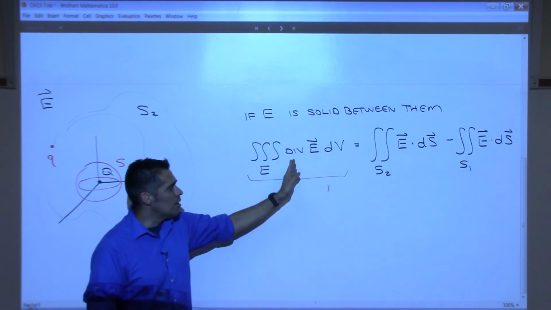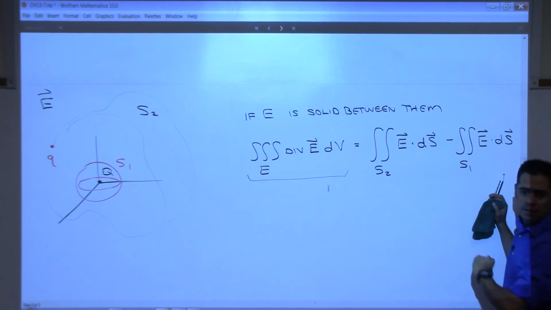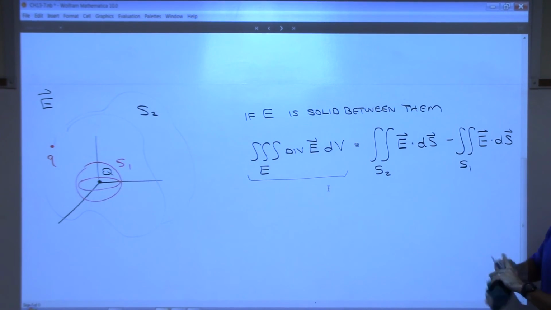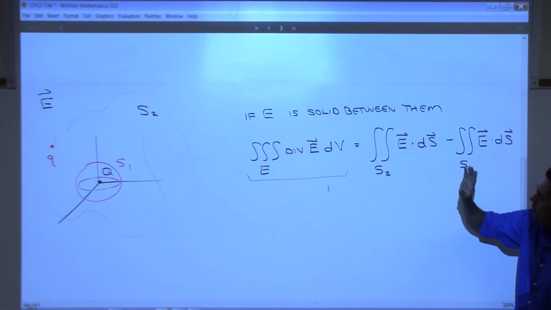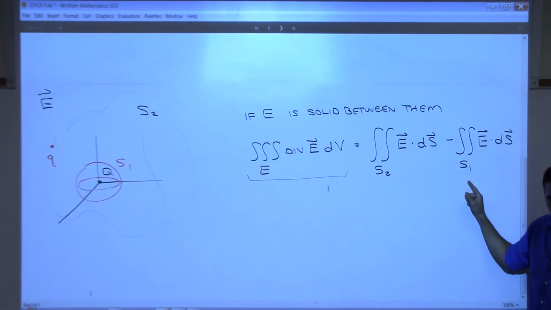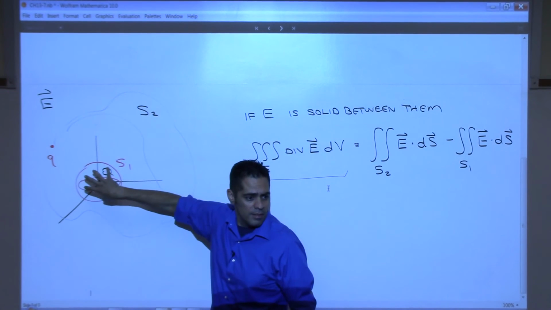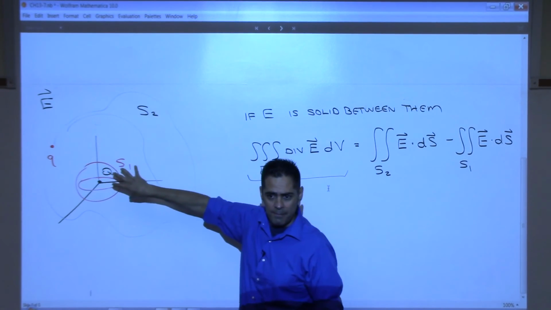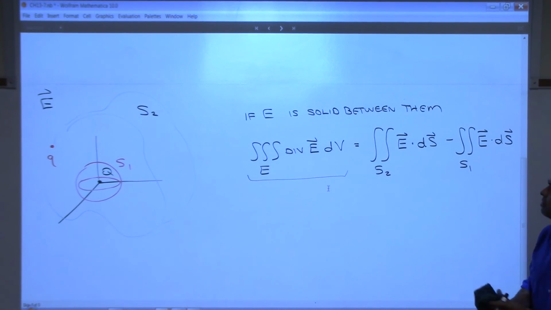And because it's 0, that means that these two, when I move this one to the other side, must be the same. And if these two are the same, that means finding this flux over S2 is equivalent to finding this flux over S1. And I can do that because I have a nice, good definition of what S1 is, right? But I still have to show that the div of E is 0. So that's what we get to do now.